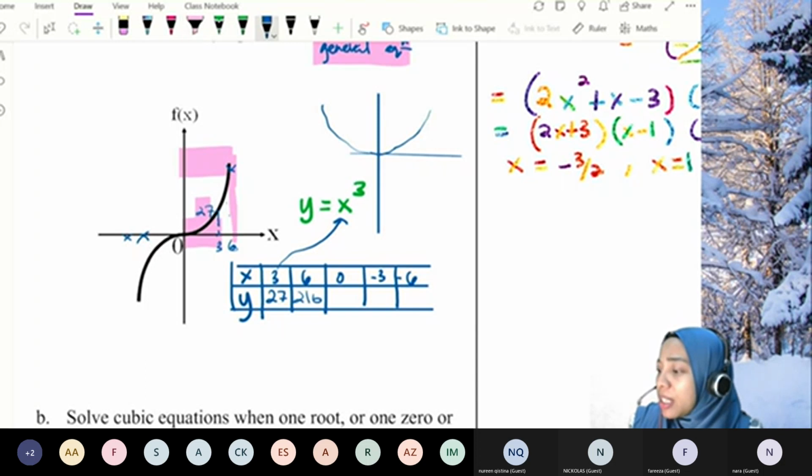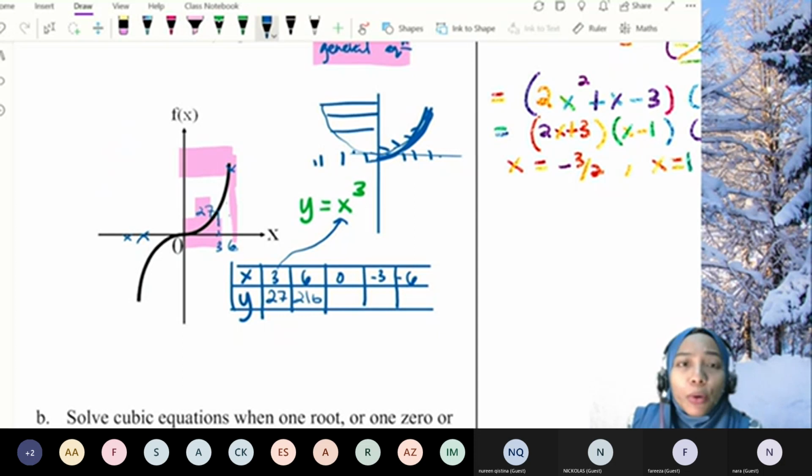So dia bukanlah berkadar langsung seperti linear function. Dan dia juga bukan seperti quadratic di mana when you substitute the negative number, the y values adalah positif, betul tak?